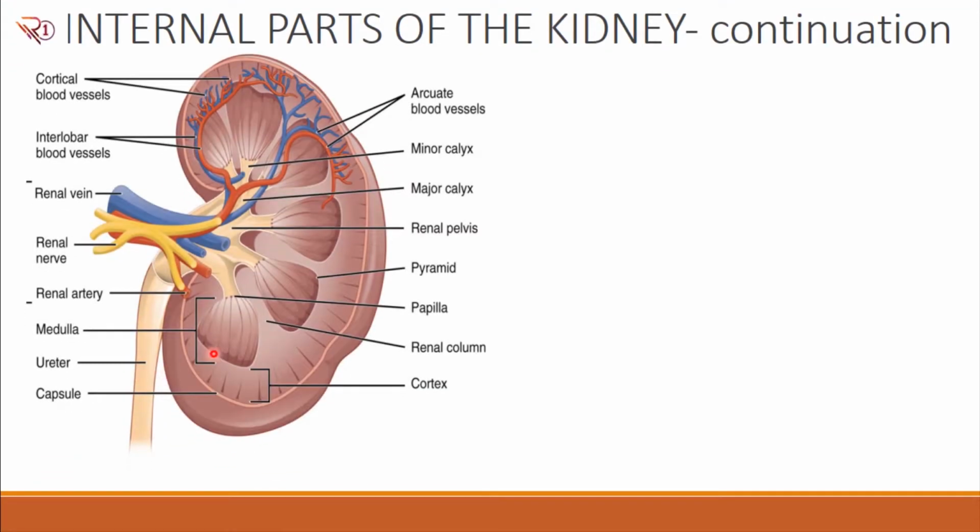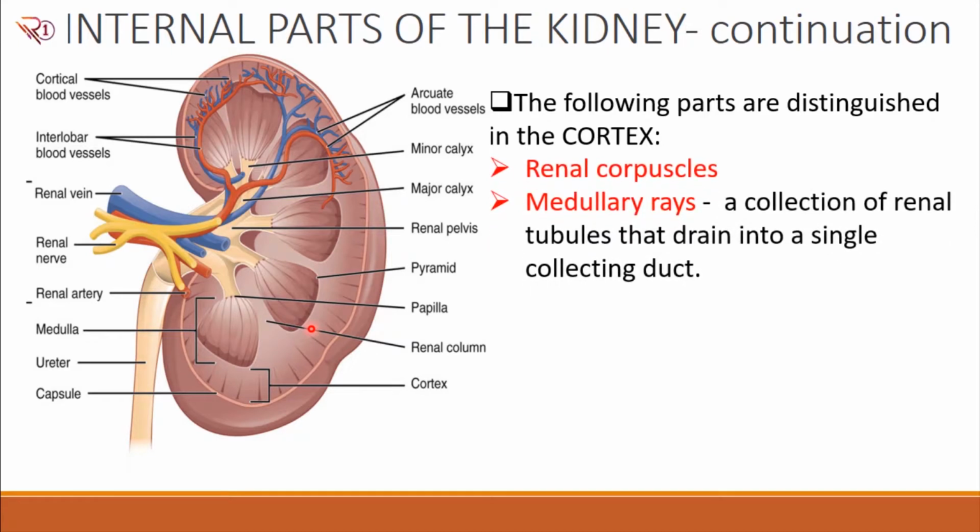Okay, so let's take the cortex and look at it a little bit deeper. The cortex is made up of what we call the renal corpuscles. Unfortunately, you can't see it here, but it is found in the cortex. In subsequent lectures, you will understand that the renal corpuscles are part of the nephron, which is the basic functional unit of the kidney.